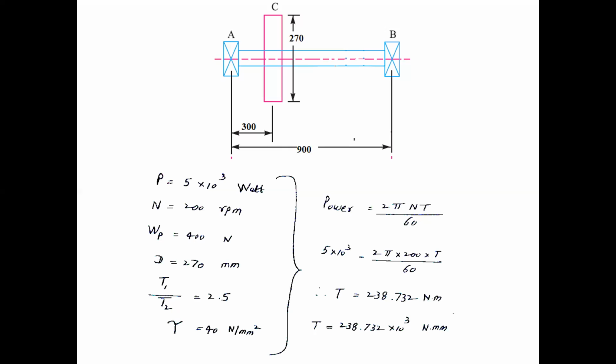Okay, now let us go further. The next thing that we want is the moment which is going to create a bending stress in the shaft. For that, we need to know the bending moment.